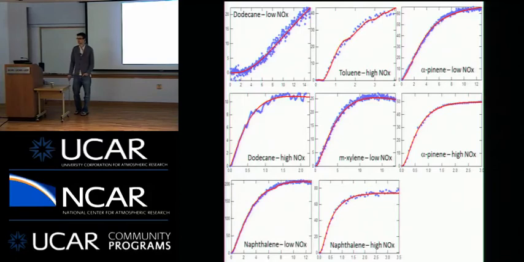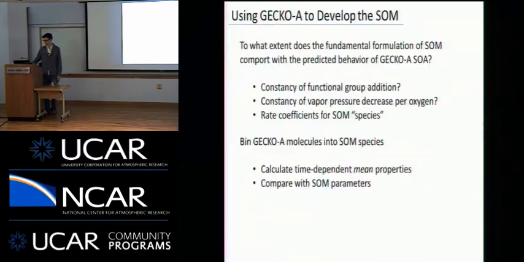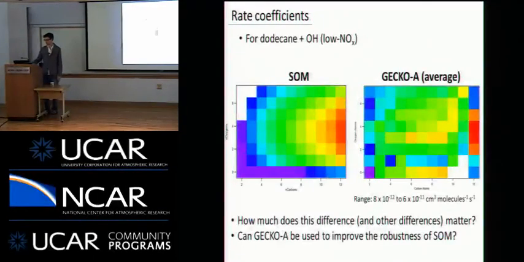Hi, this 2D comparison plot that you showed between the SOM model and Gecko, where you showed reactivity, and that was for what species? Dodecane, okay. So what do these plots look like in terms of volatility? How do they compare? You showed reactivity here, but I don't have that. They actually compare pretty well in general.